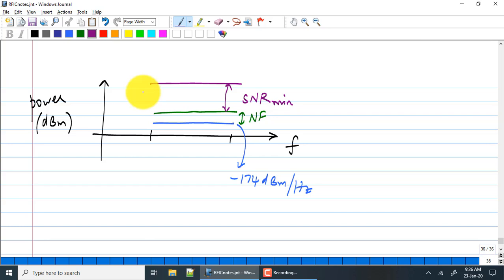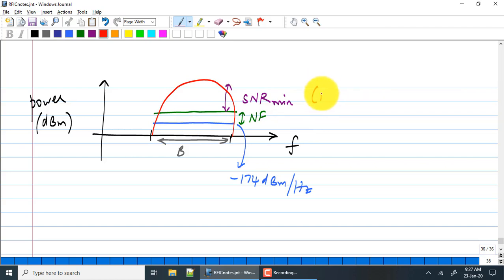But we know that signal power spectral density is never flat. So really you have to integrate the noise over this bandwidth B, and then the signal power integrated over the same band. Maybe I'll show it using red. Signal power looks like this. The effective integrated value, the difference should be SNR min.